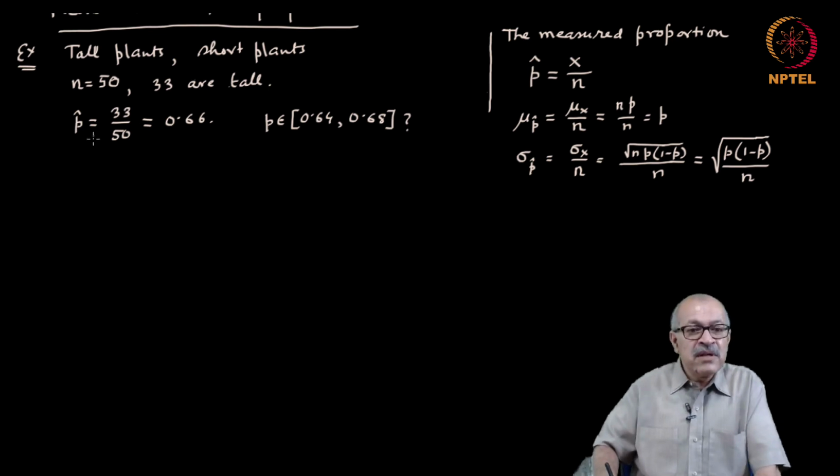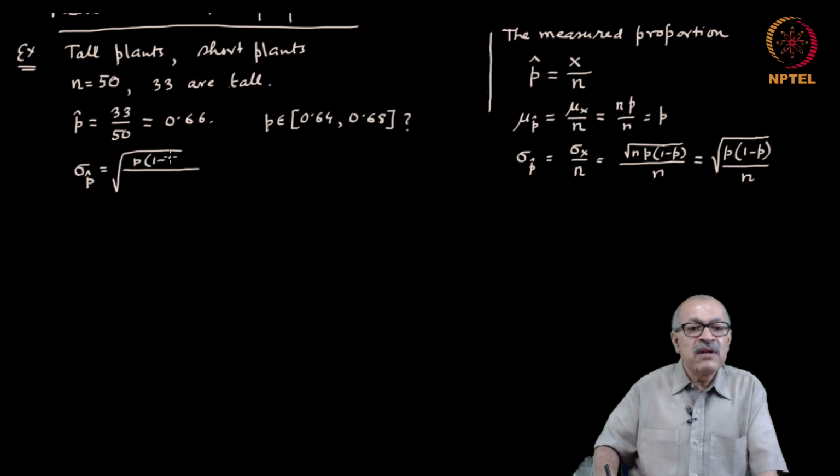We know the mean will be, we have calculated the sample mean to be this, and we can calculate the sample standard deviation sigma p hat to be the square root of p times 1 minus p by n.